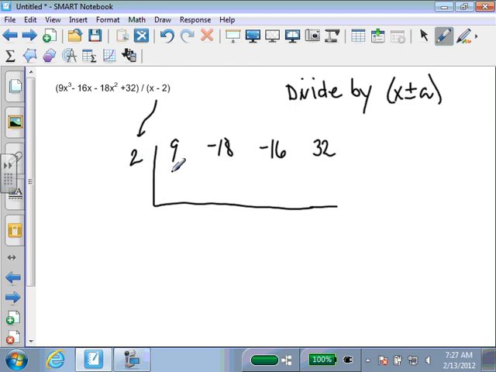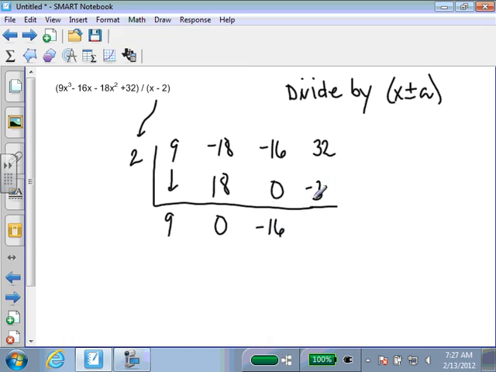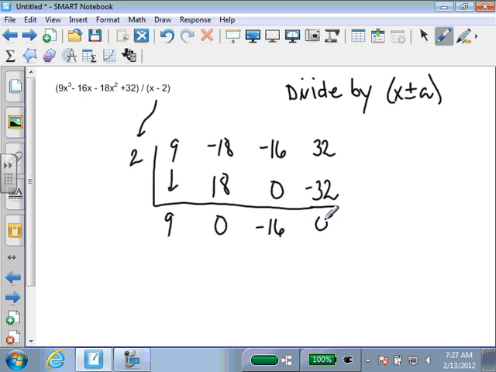Synthetic division begins by bringing down, and then we multiply, and then we add, and then we multiply, and then we add, and then we multiply, and this is our remainder.